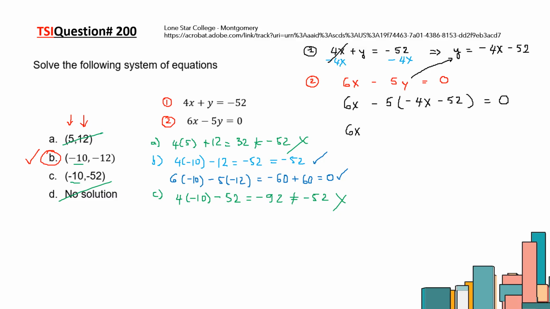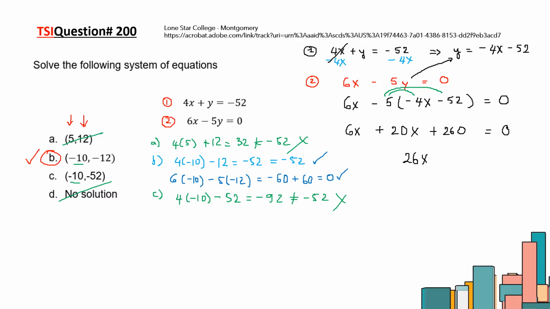Negative 5 times negative 4x is positive 20x. Negative 5 times negative 52: 5 times 2 is 10, write 0, remember 1. 5 times 5 is 25, plus 1 is 26. So that is 260, equals 0. Now combine like terms: 6x plus 20x is 26x.